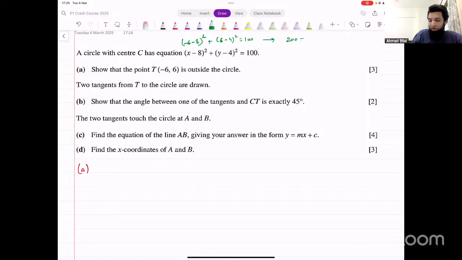That gives you 200 equals 100, which is obviously incorrect. Does that prove that the point T lies outside the circle? Does everyone agree to this? If they're not equal, does it mean that the point lies outside the circle? Is that sufficient proof?